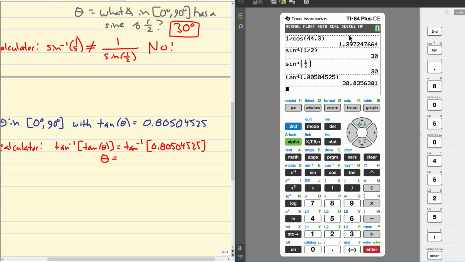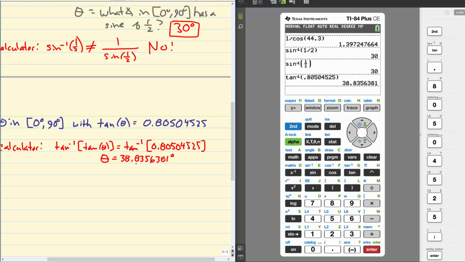And we're in degree mode, so I get 38 point, let's write this out, 8356381 degrees. Okay, now they're going to ask you to round it to maybe 6 places or 5 places. You'll have to double check to make sure that you have the rounding correct.